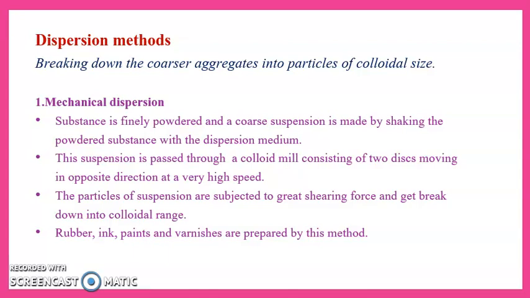After that, this suspension is passed through a colloid mill which consists of two discs moving in opposite directions with very high speed. Due to the high movement of these discs, the particles of suspension will break down and we will obtain the particles in the colloidal range.